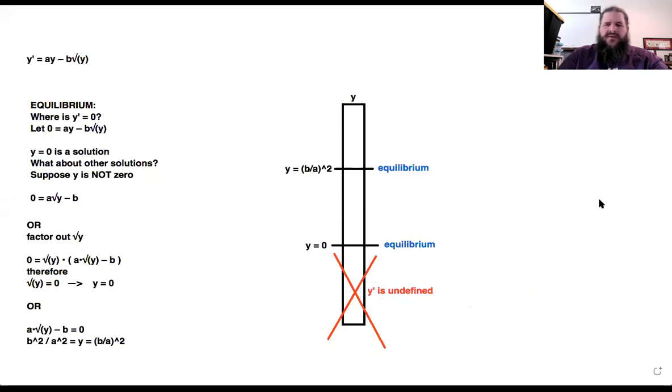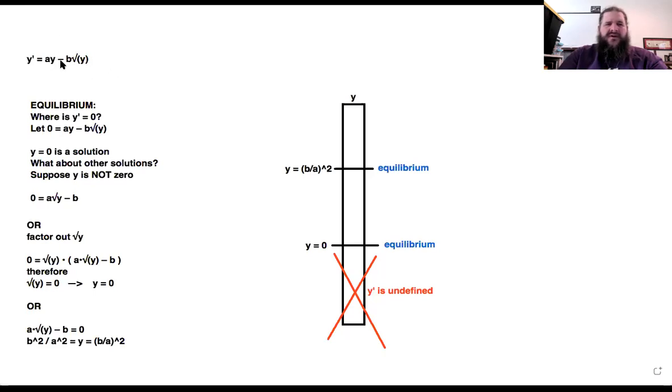But if we take a look at the other regions, let's say we're talking about very large values of y. If y is an enormous value, would you expect ay or b square root of y to be larger? You expect ay to be larger? Yeah, ay is going to be larger than anything times square root of y, as long as y is large enough.